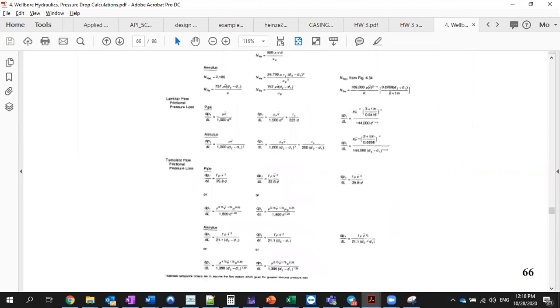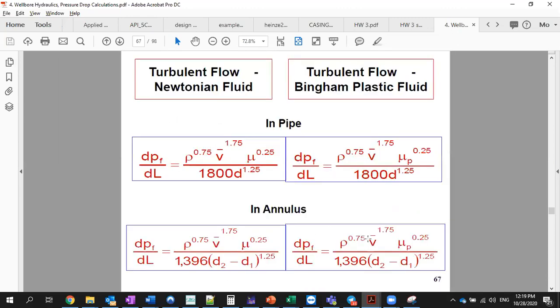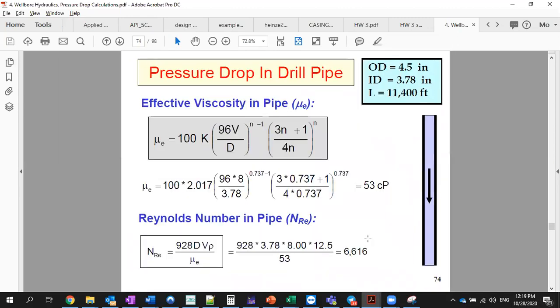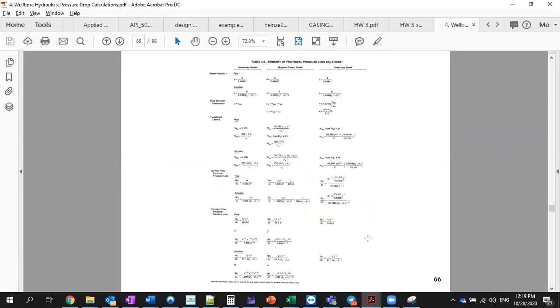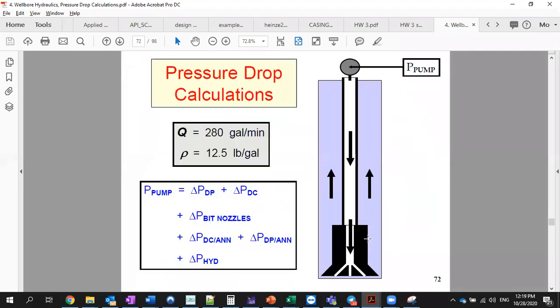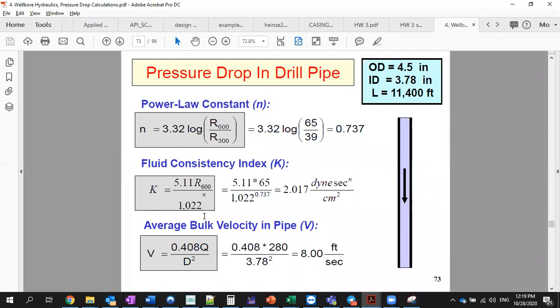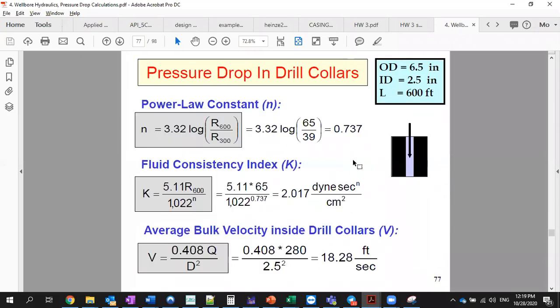Make sure you're familiar with that too. Some of the equations in the example we did were slightly different from this table. I will tell you which equations. If I give you one set of equations, most likely I will use this example's equations, so make sure you're familiar with the example as well.